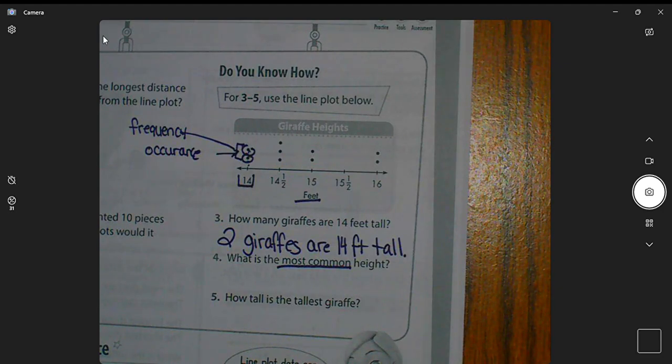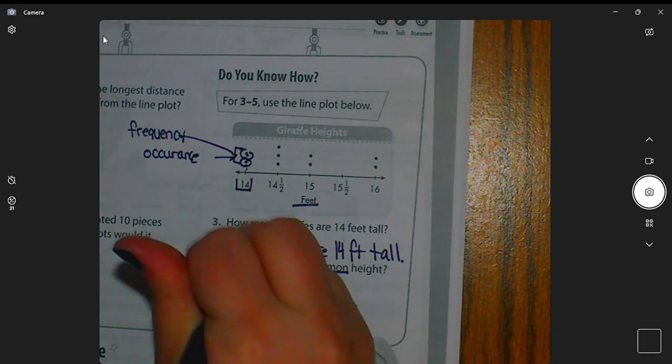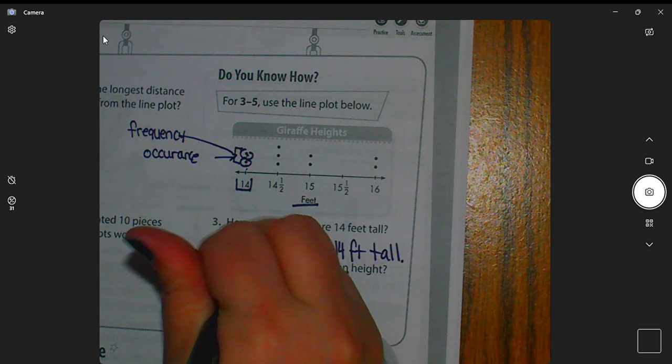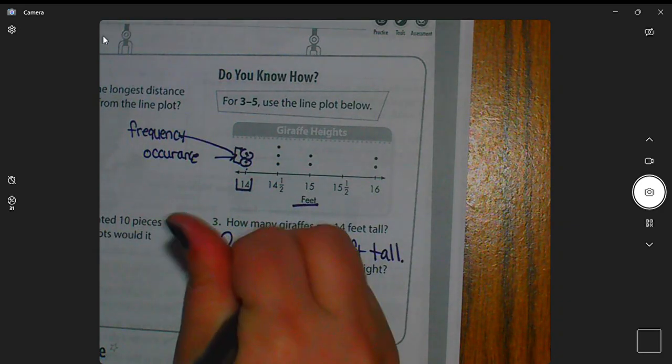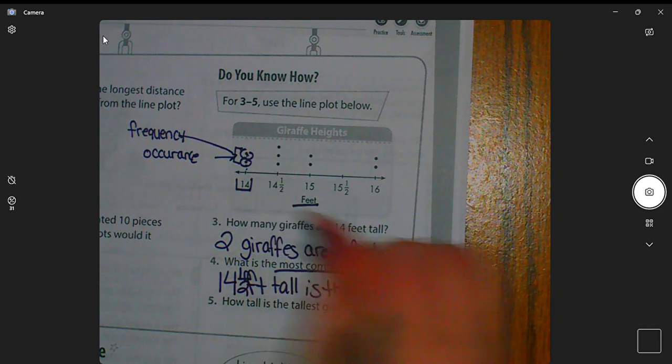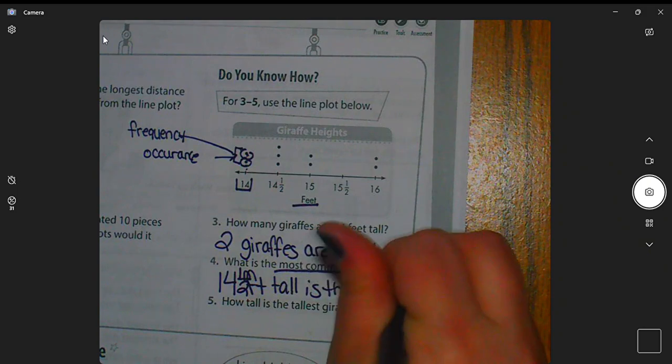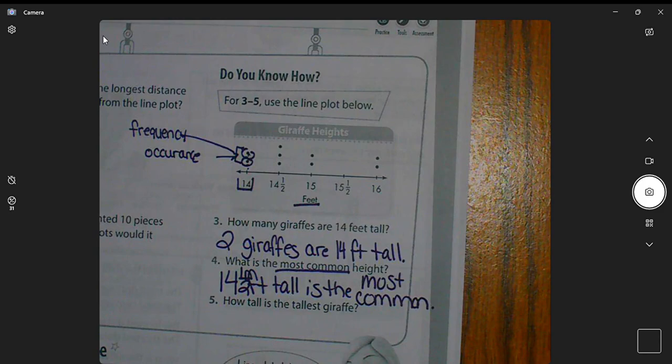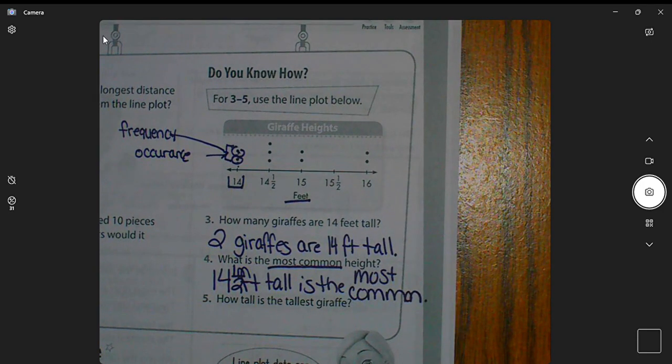So which one do you think has the most dots or is the most common? 14.5 feet tall is the most common. And remember, we want to answer in as complete of a sentence as we can using our good mathematical skills.